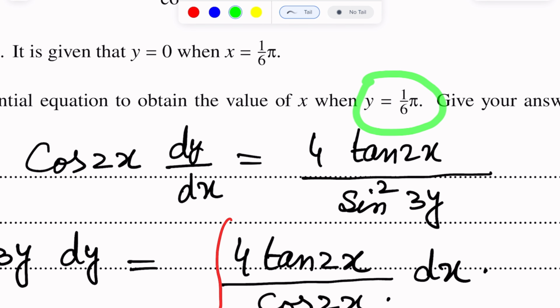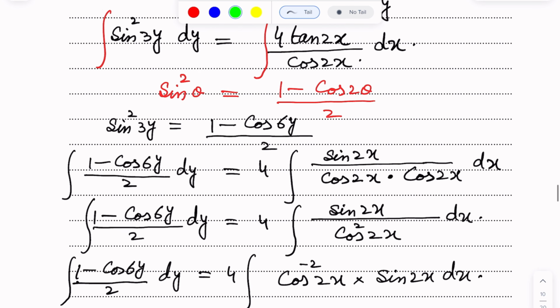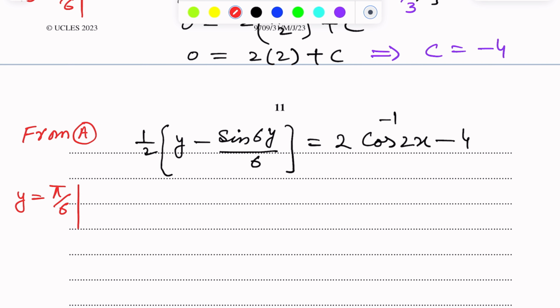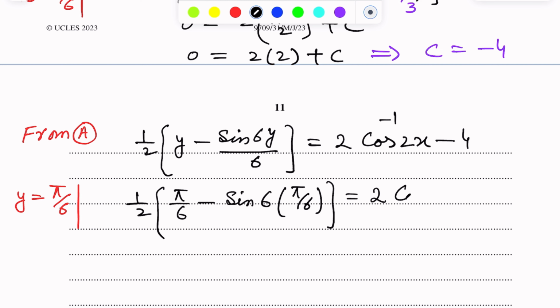Now we are putting the value of y, that is pi by 6, in this relation. We get 1 over 2, the value of y is pi by 6, minus sine 6 into pi by 6, equals 2 cos 2x power negative 1 minus 4.